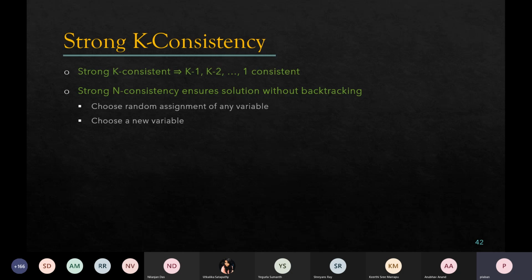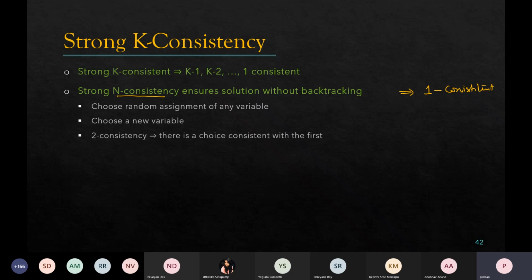And as we have defined the problem to be strongly consistent, that implies that this problem is one-consistent. So as this is one-consistent, irrespective of what value we choose for that variable, we will always have a satisfying assignment. So we do not need to do backtracking. Now choose another variable.